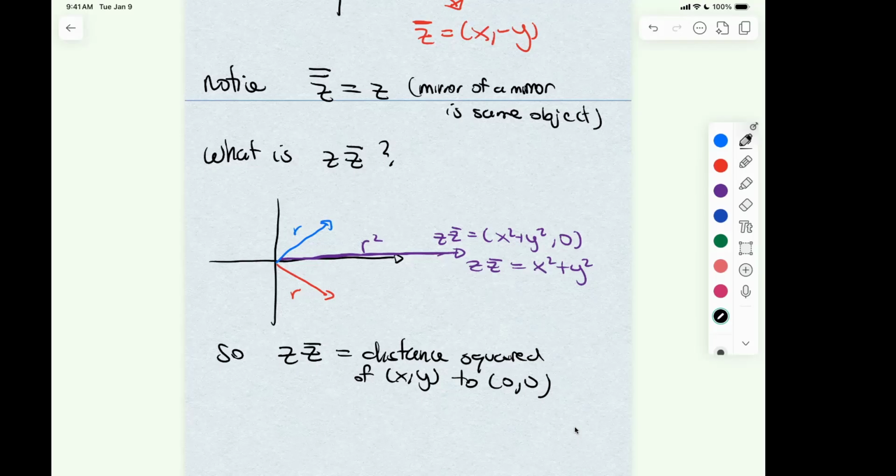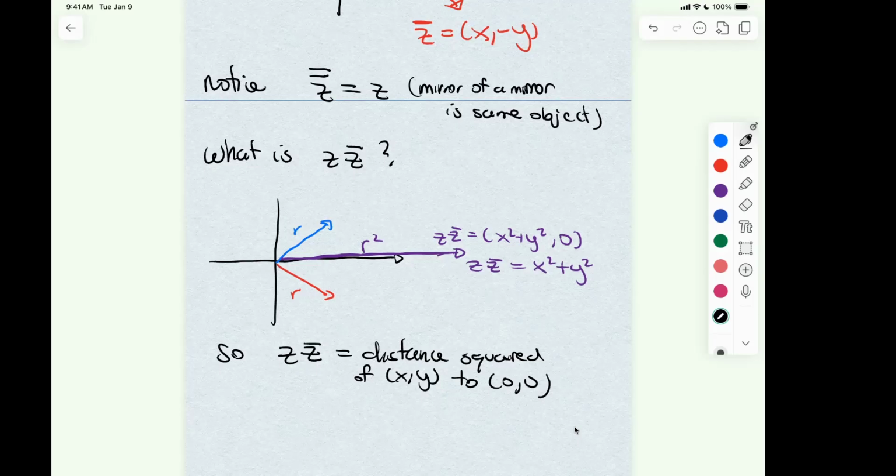That just tells you that the number is along the x-axis, and the length of that number should be the product of the lengths, r squared. Because it's on the x-axis, the y coordinate has to be 0, but the x coordinate is x squared plus y squared.